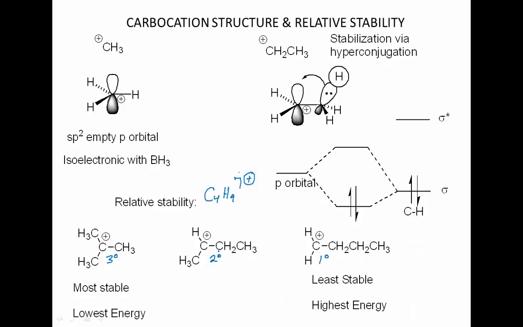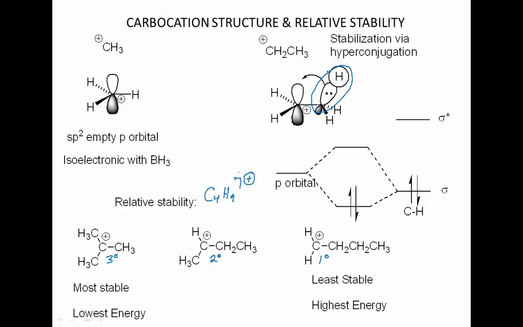How do they do that? They do it by something known as hyperconjugation. In hyperconjugation, we're taking the electrons in the CH bond and we're donating them to the empty p orbital. We can look at this in a molecular orbital diagram over here.